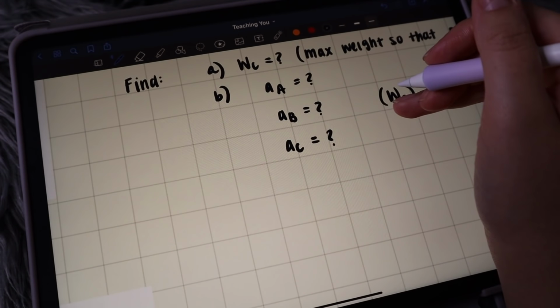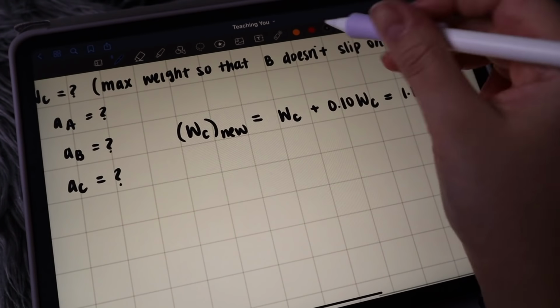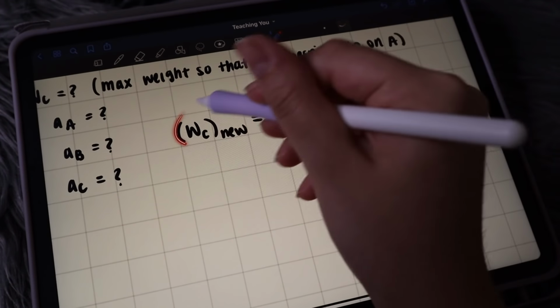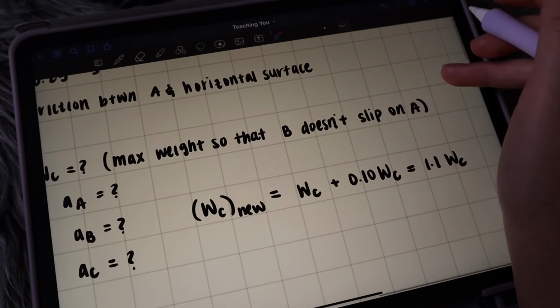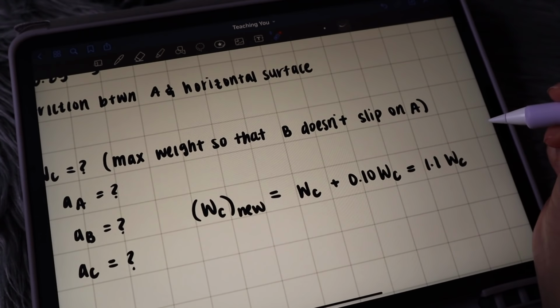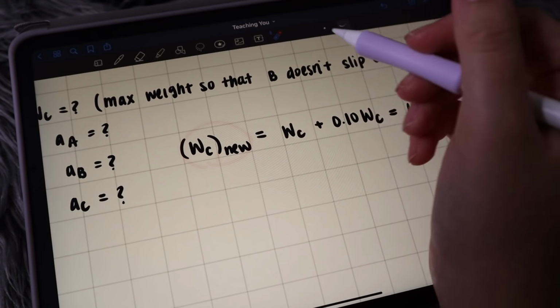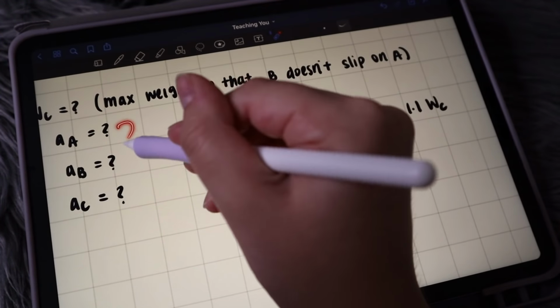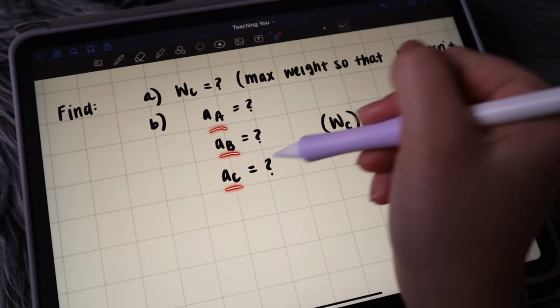Alright, and I think that's pretty much it. So once we find that weight of C in the first part, we're going to times it by 1.1, and then that's going to be the new weight, and then based on this new weight, we're going to find the corresponding accelerations of A, B, and C, okay?